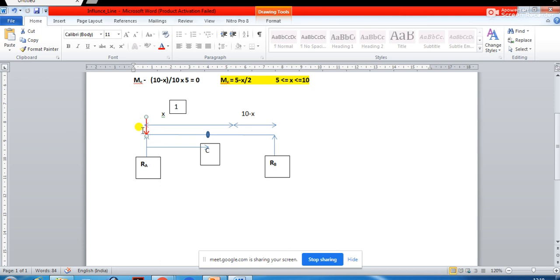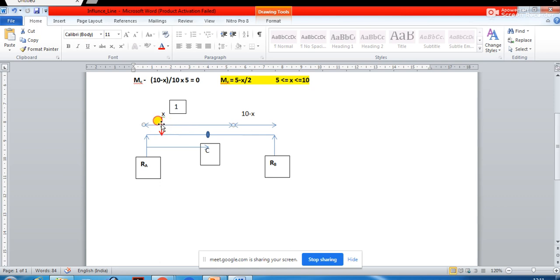Because of this position of the load, you will have to plot the bending moment at C first. Now if you move the load a little further, and bring it over here, you will have to find out what the bending moment at C will be for this position of the load.